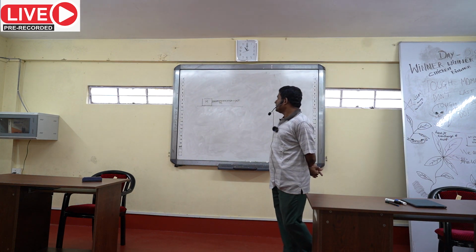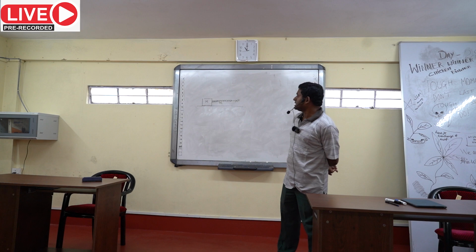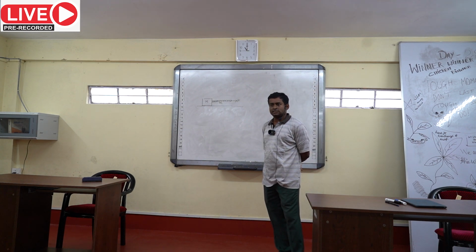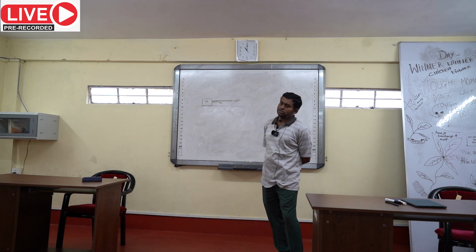I apply a force F on the rope on this side to pull the entire system. The question is, what is the force with which the rope pulls the block?